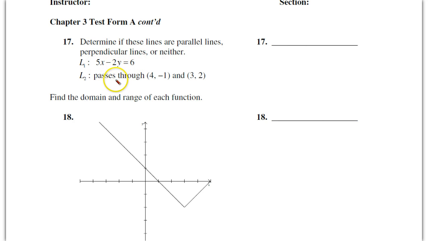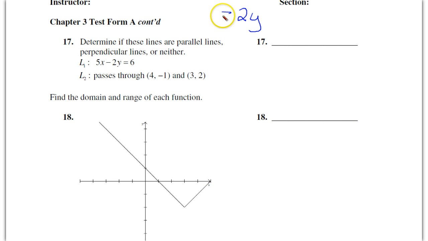Okay, so again this is challenging because this is in slope-intercept. I'm sorry, this is standard form, and you would need to put it in slope-intercept. So let's do that. So I get 2y, and I'm going to transpose to make it positive.